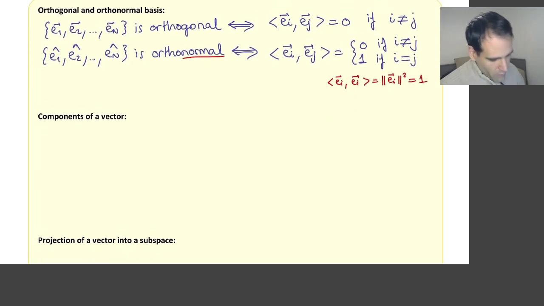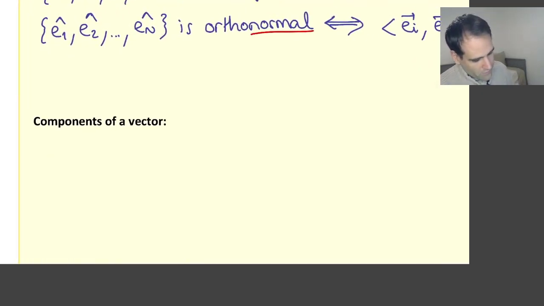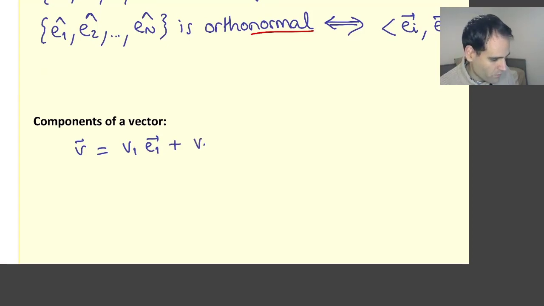Okay, now this means that if we have an orthogonal basis, it's very easy to find the components of a vector in a basis. So let's say a vector v can be written in a basis using the components v1 times e1 plus v2 times e2 plus dot dot dot vn times en.